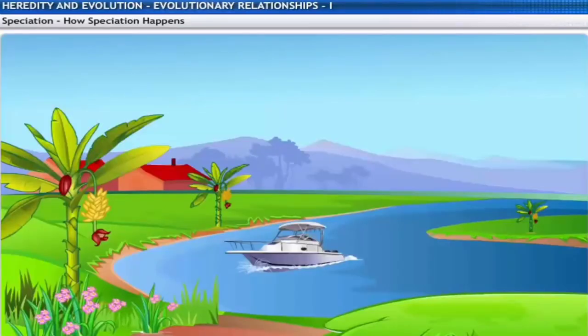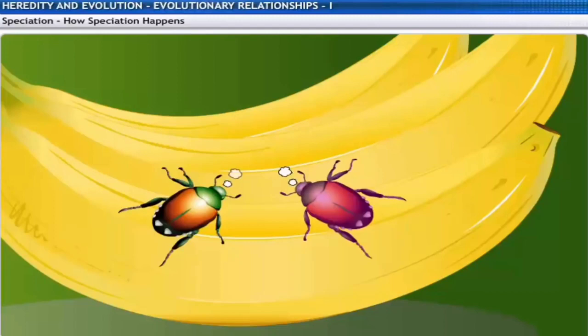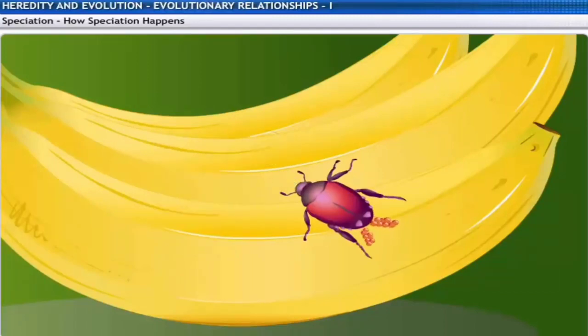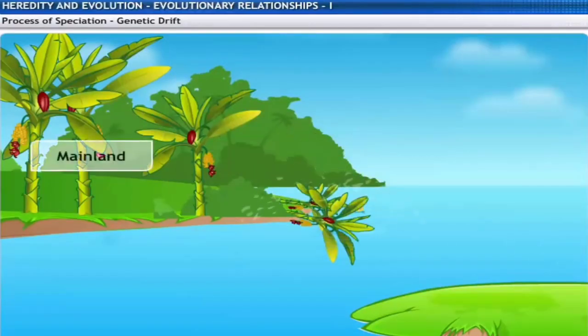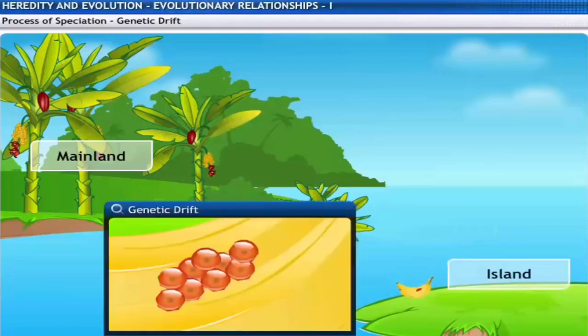Let's see a simplified scenario of speciation by geographic isolation. Here is a population of beetles laying their eggs on bananas. If a hurricane strikes the mainland, and the bananas with the beetle eggs on them are washed away to an island, it is called genetic drift.